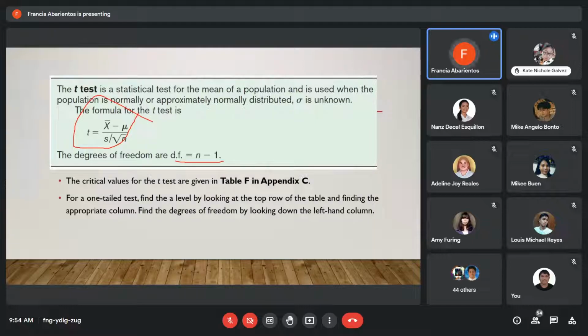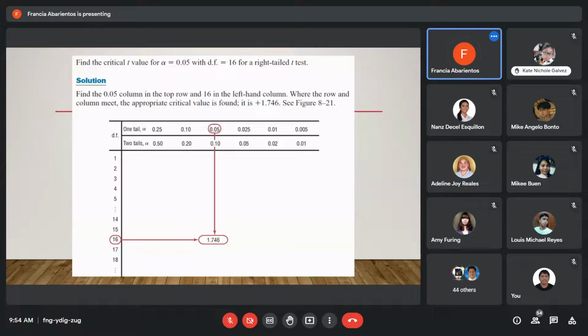And kung kanina ginagamit natin is table E, we will make use now of table F. Okay. So, in finding the critical t value for an alpha of 0.05 with the degrees of freedom of 16, considering that it is a right-tailed test, alam niyo na, pag one-tailed test, yun yung gagamitin mo, 0.05.